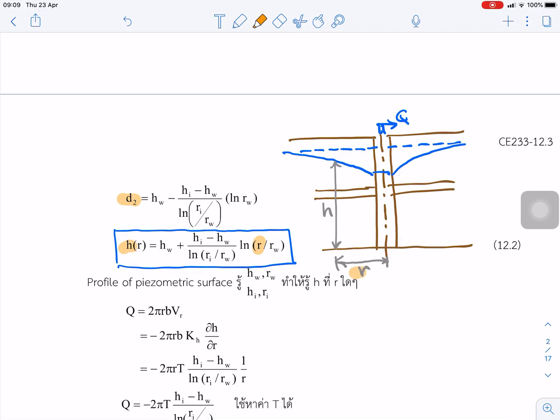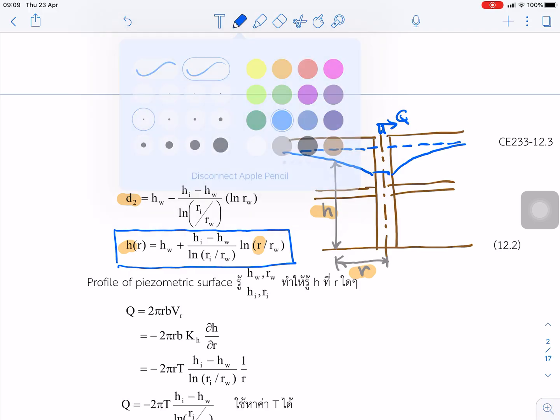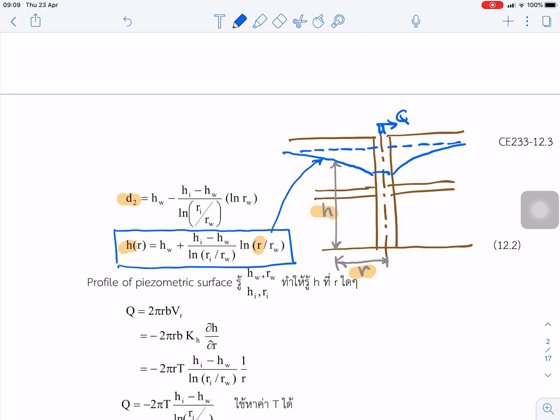At any radius, we can find the hydraulic head h. So this equation can represent this curve, and we can estimate the hydraulic head at any radius.